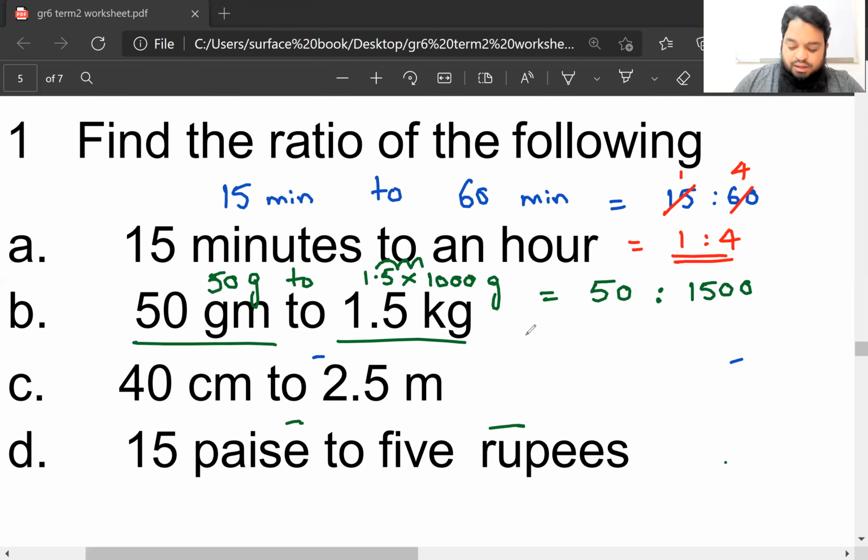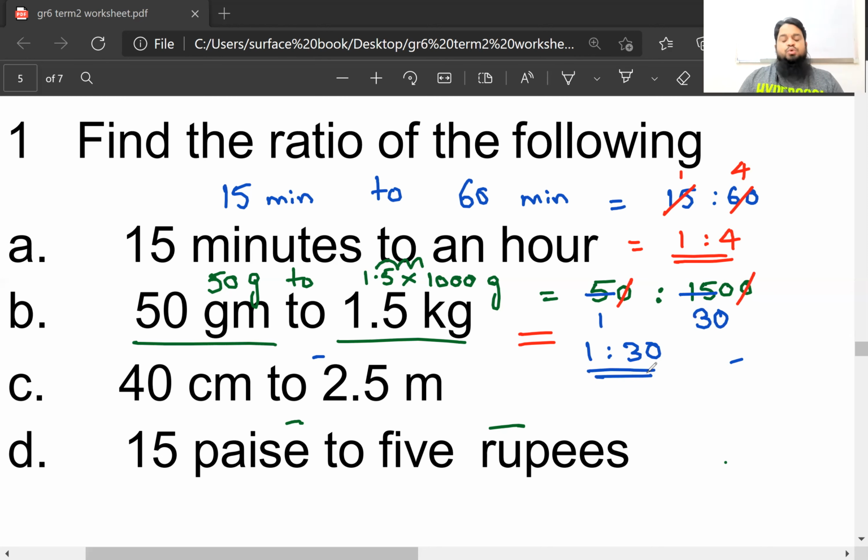You may not know the 50 table, but you have tens, and tens get cancelled. The remaining is 5 and 150. 5 ones are 5 and 5 threes are 15, remaining 0. So the answer is 1 is to 30. That means 50 grams to 1.5 kg is 1 is to 30.